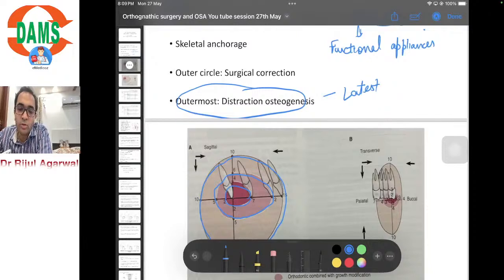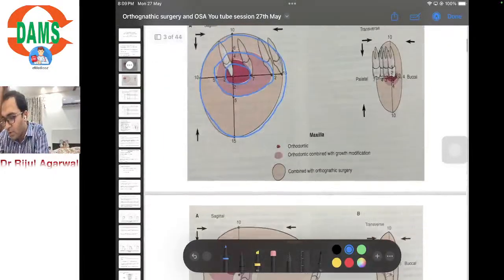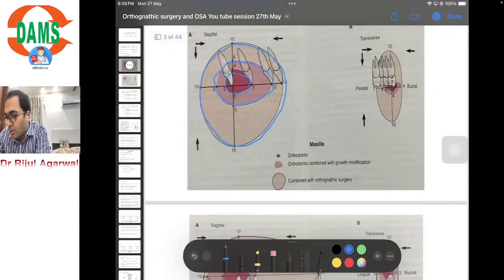We require orthodontics, and only then can the surgery be done. So the correct answer in the NEET exam was orthodontics along with orthognathic surgery. So the outer circle represents the corrections which can be done surgically, that is, orthodontics combined with orthognathic surgery.